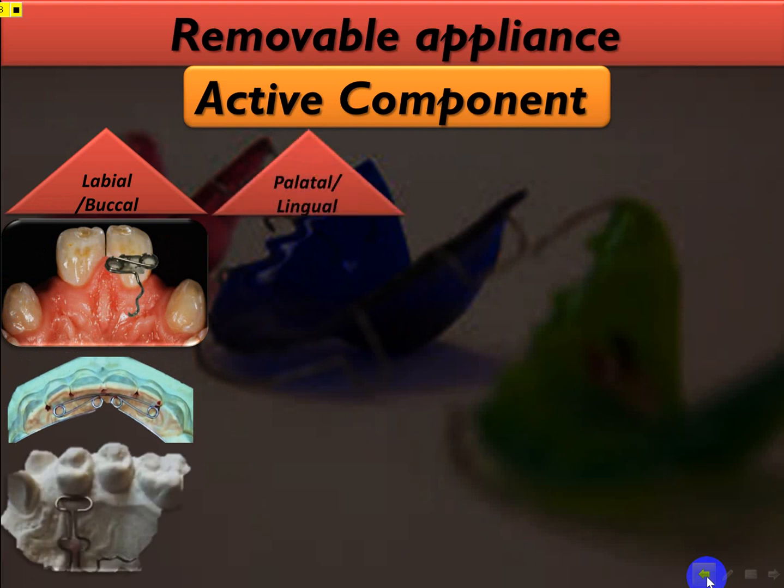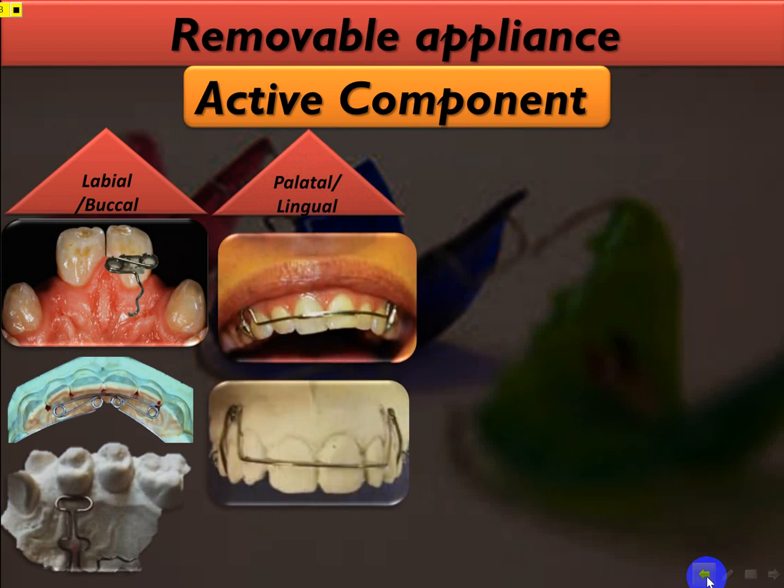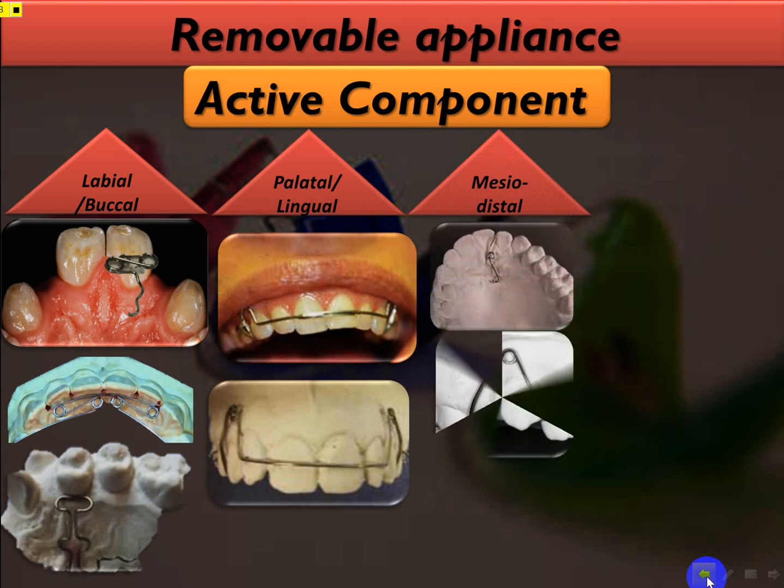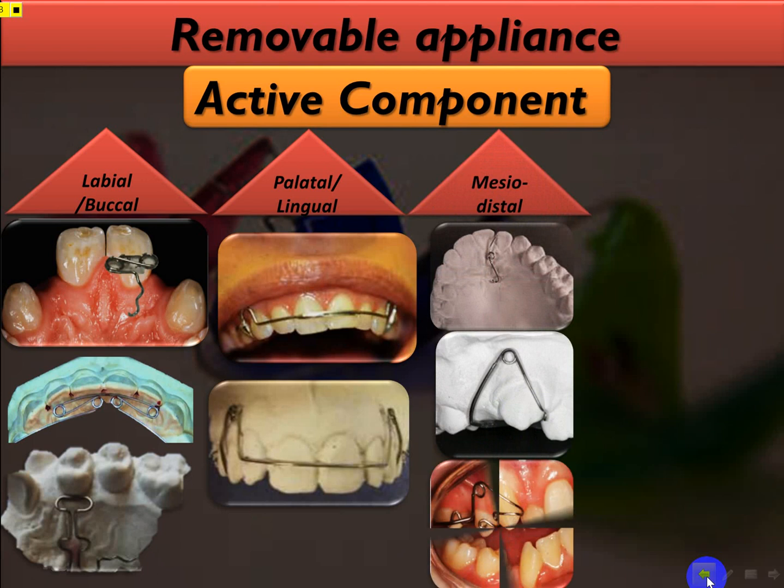Second, active components that give us a palatal or lingual movement or force in a palatal or lingual direction, like Hawley arch, Robert's retractor. Third, active components that give us a mesial or distal movement or force in a mesial or distal direction, like the finger spring or buccal canine retractor, whether simple or modified.